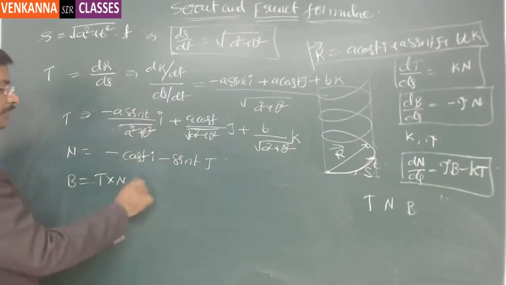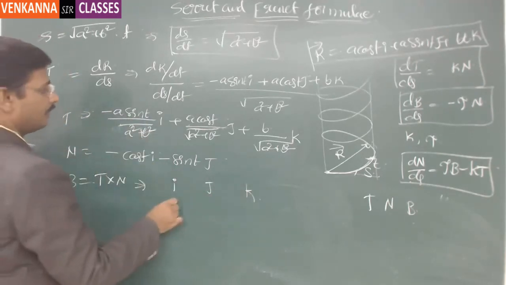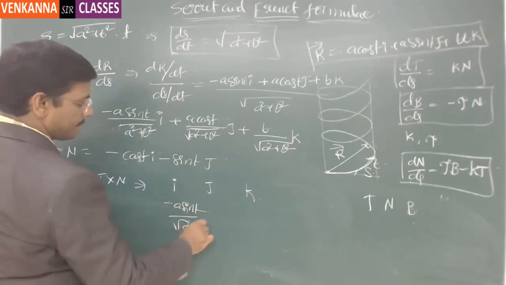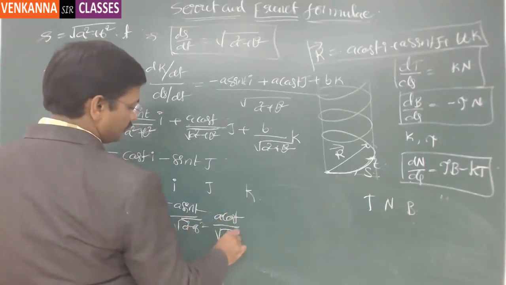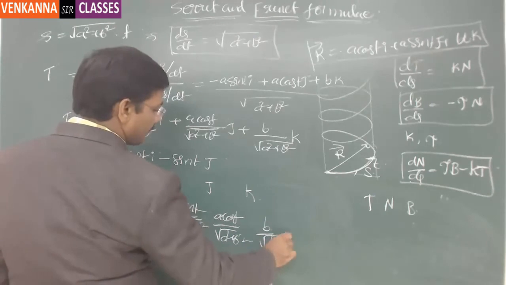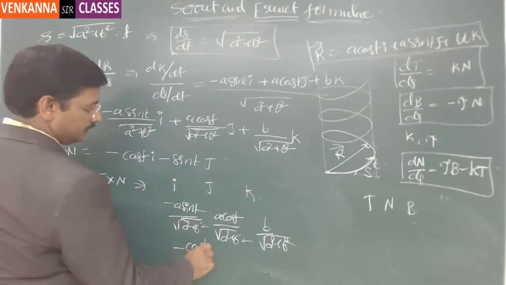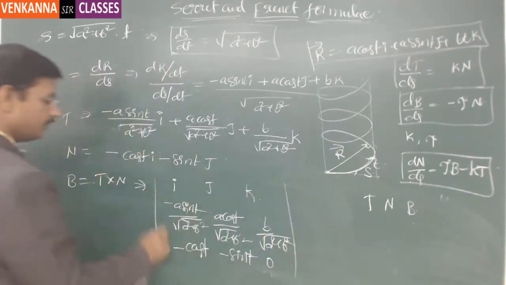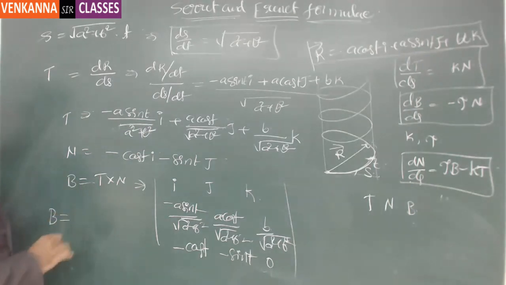First we have to find the binormal vector, which is the determinant of i, j, k, and here minus a sin t divided by square root of a square plus b square, then a cos t divided by square root of a square plus b square, and then b by square root of a square plus b square. And at the last the n vector is minus cos t, minus sin t, 0. So this determinant value we have to find, and that is the binormal vector b.